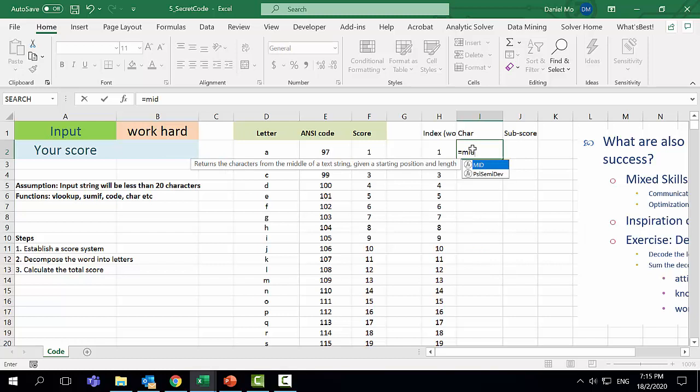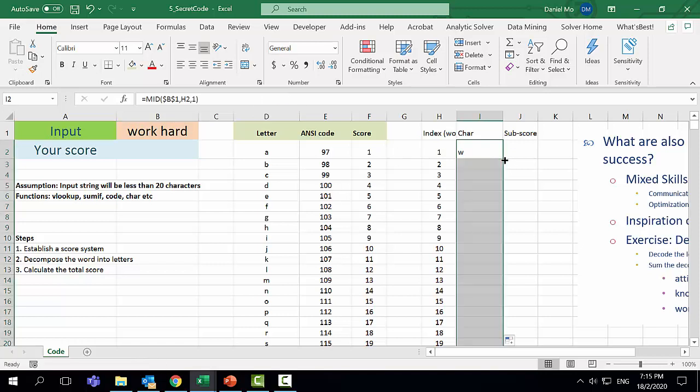In Excel, we have the formula called MID, which takes the text we want, the starting index number, and how many characters we want to retrieve. Let's consider 1. And since I will use the formula moving forward, let's put the $ sign there and finish with the bracket.